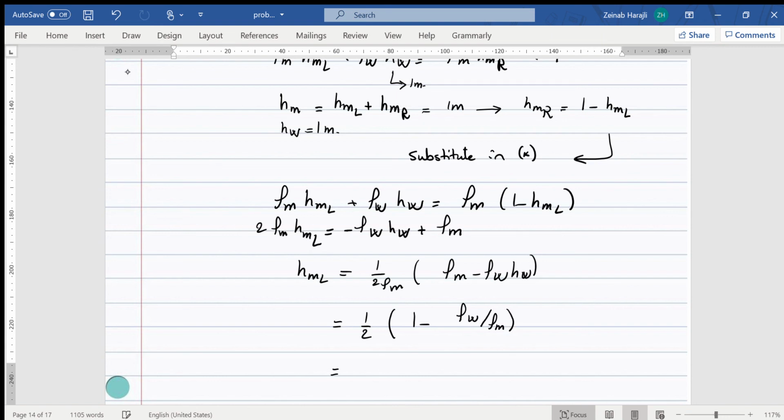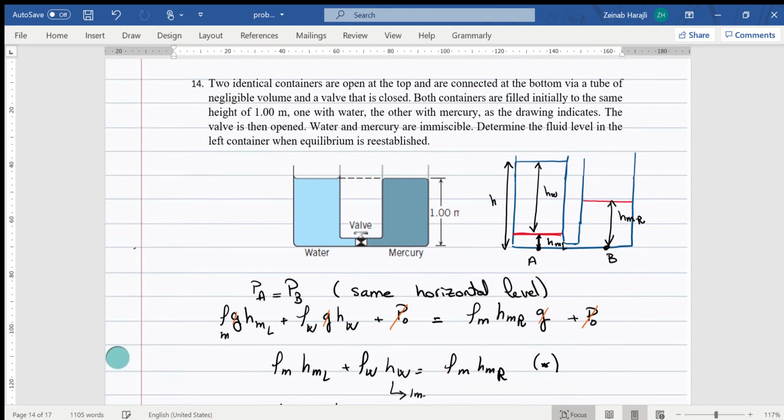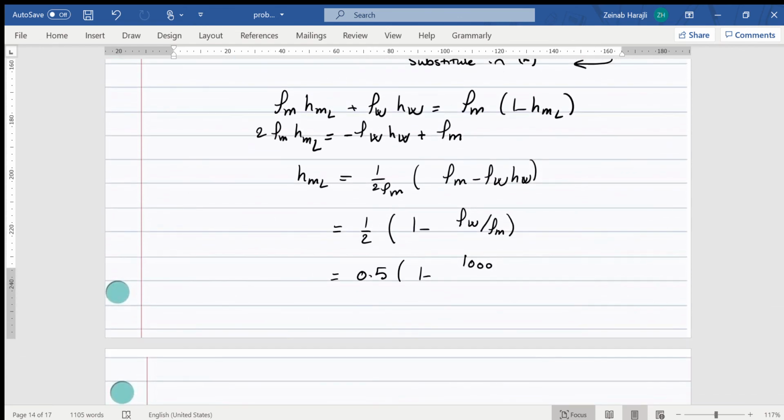And this gives us, if we substitute the values, 0.5 into 1 minus, the density is 1000 for water. The values are not given here, but we know them from literature. The density of mercury, I think it's 13,600.